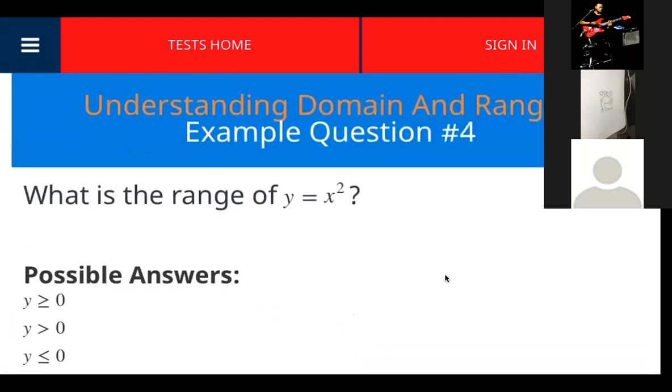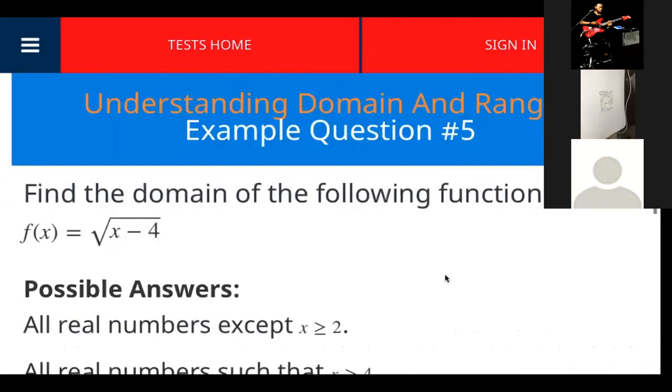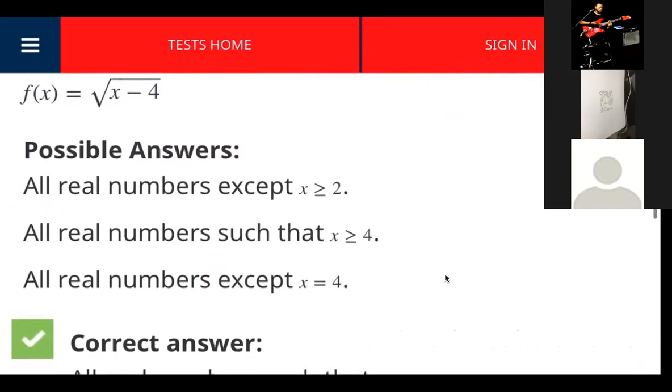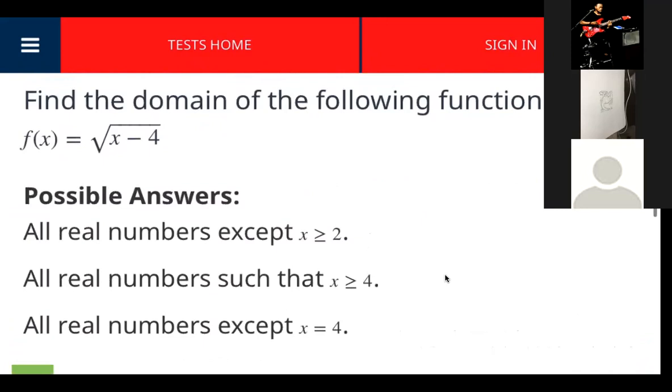Now in this one, I would skip this and then I'll use this one. Now, another thing you have to take note of, aside from avoiding your denominators being 0, the next thing you have to avoid is a negative sign under the square root. You shouldn't have a negative sign under the square root.